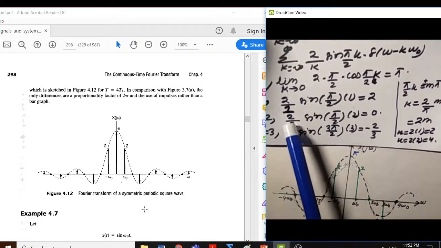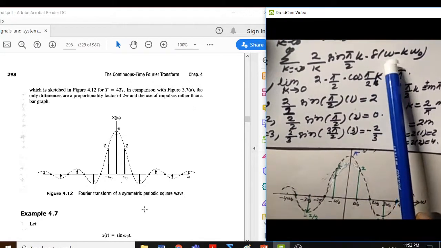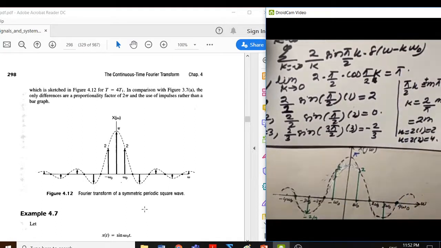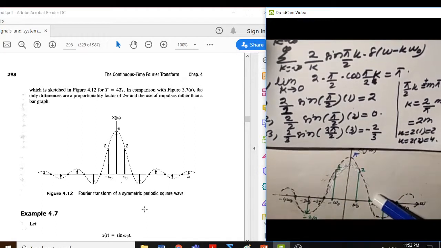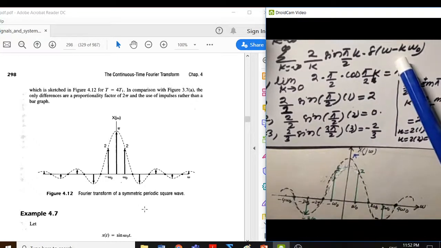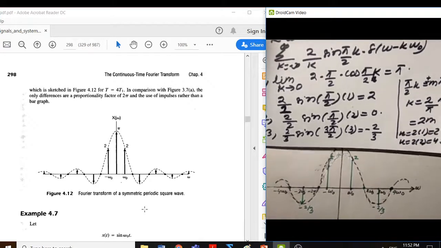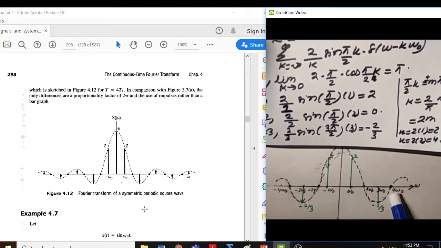Similarly, when k is equal to 2, this impulse exists at delta omega minus 2 omega naught. So at 2 omega naught, we had a value of 0. At k is equal to 3, we have the impulse at 3 omega naught, so the value was minus 2 by 3. At 4, the value should again be 0, and so forth.